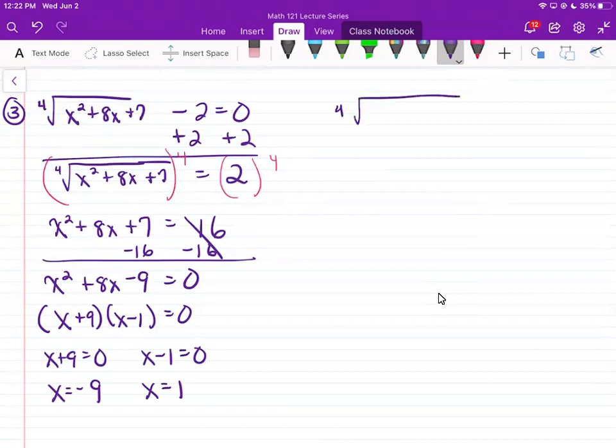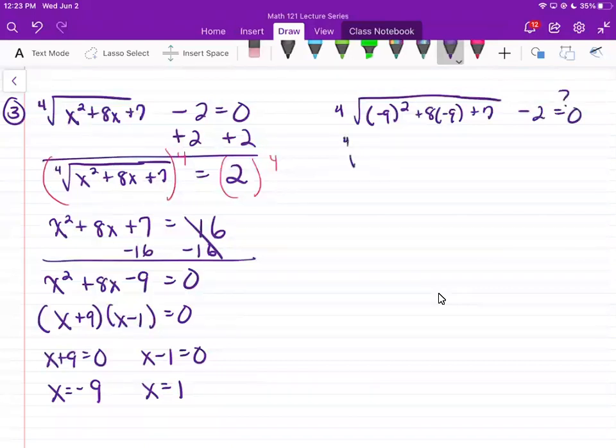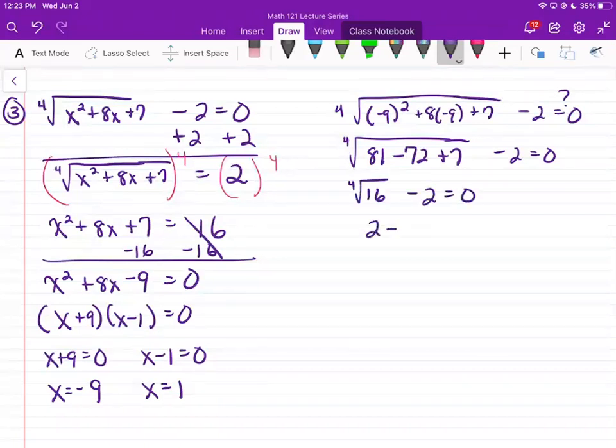When I check -9, I get the fourth root of -9 squared plus 8 times -9 plus 7, minus 2, and I want to see if that equals 0. -9 squared is 81, then minus 72 plus 7, we're going to end up with the fourth root of 16 minus 2, and the fourth root of 16 is 2, so 2 minus 2 is 0.